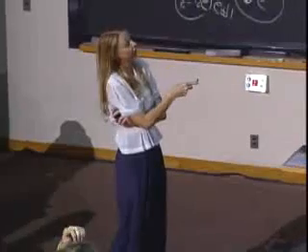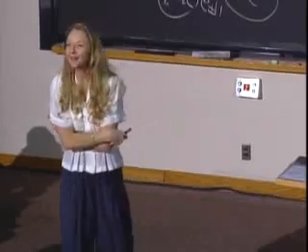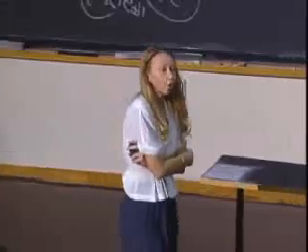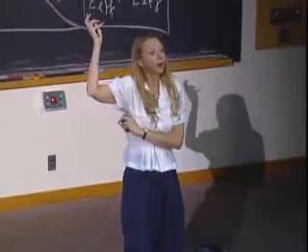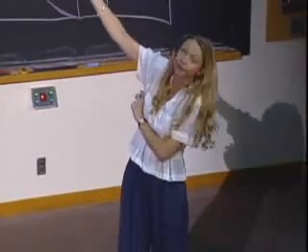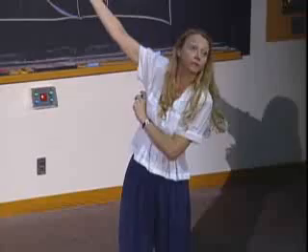Chromium is not 4s2, 3d4. Chromium is 4s1, 3d5. There's really no way for you to know that a priori unless you do a very sophisticated calculation. But it is experimentally observed that this is the configuration. Why? Because it's lower in total energy than the other configuration.